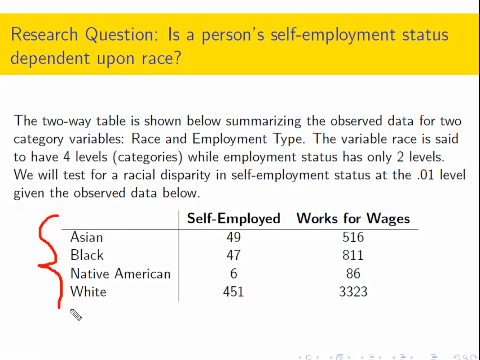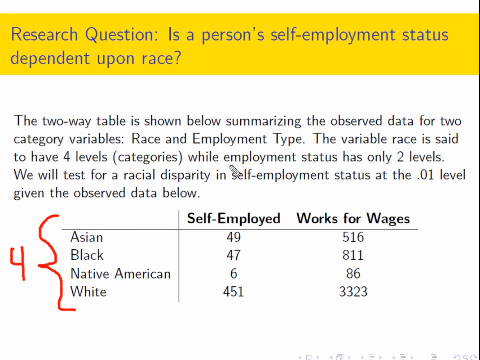So here's the problem. This is why we can't use z proportion testing. We have a category variable here, ethnicity, and it has 4 levels. There's only 2 levels of employment.